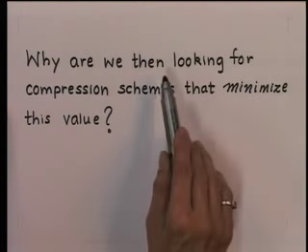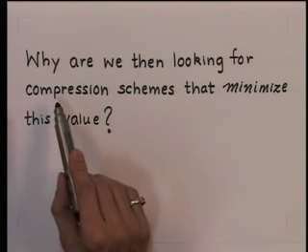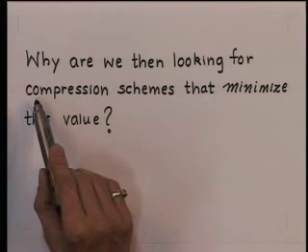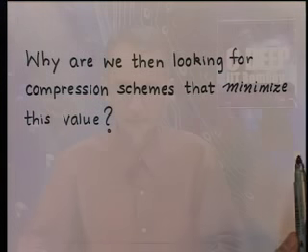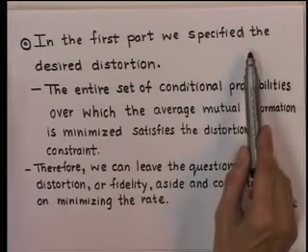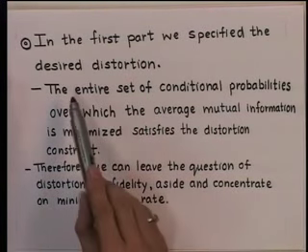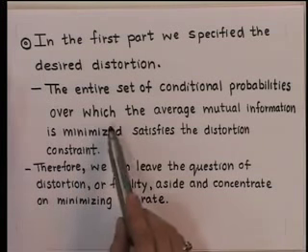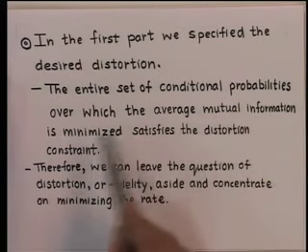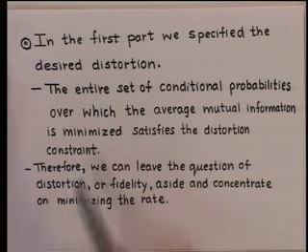Now, to understand this, we have to remember that the process of finding the performance of the optimum compression scheme had two parts. In the first part, we specified the desired distortion. So, the entire set of conditional probabilities over which the average mutual information is minimized satisfies the distortion constraint.